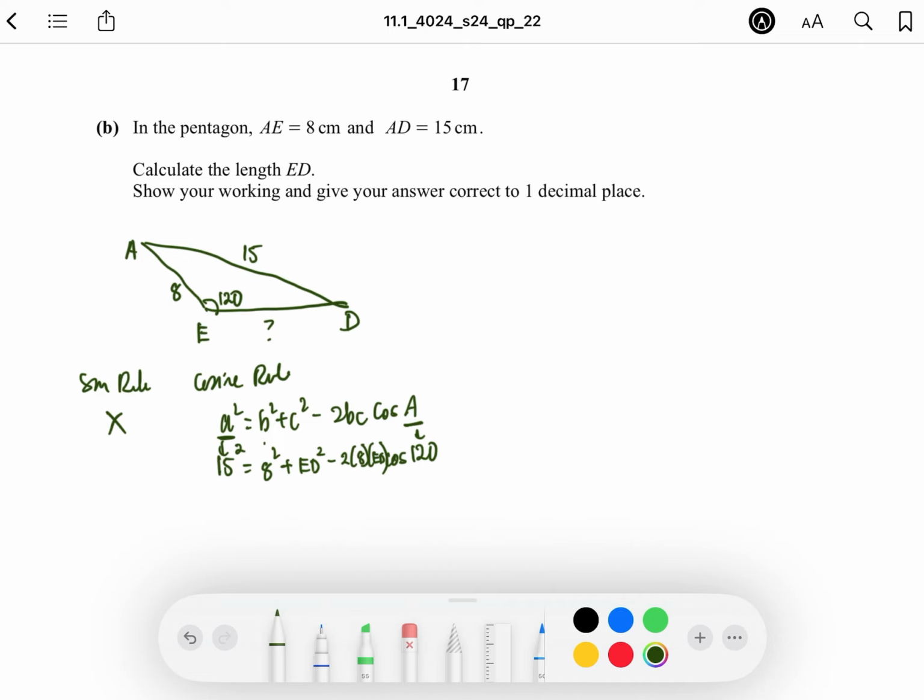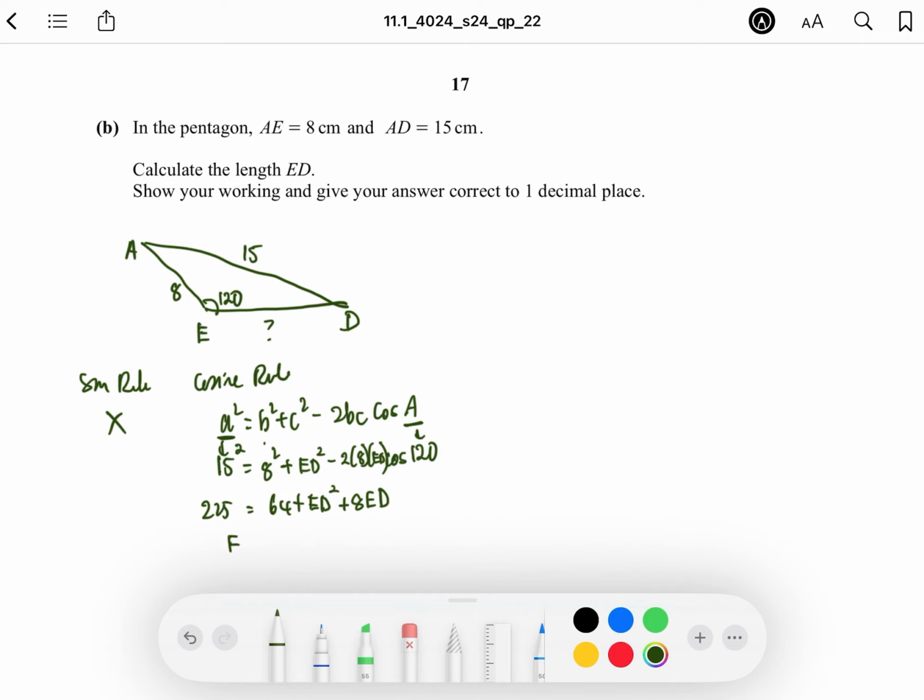Simplify that. So 225 equals 64 plus ED squared minus, use your calculator, 2 times 8 times cos 120, you would get negative 8 with that, so that will be positive 8 ED.